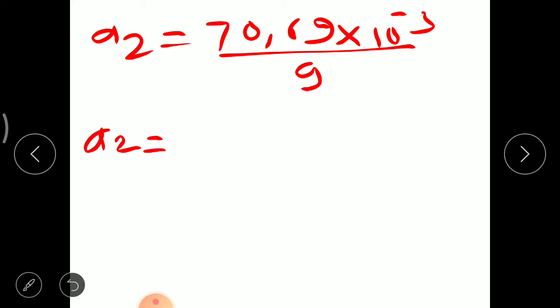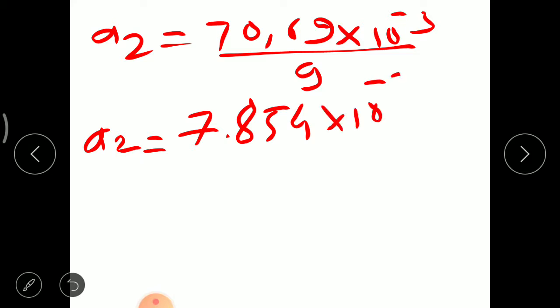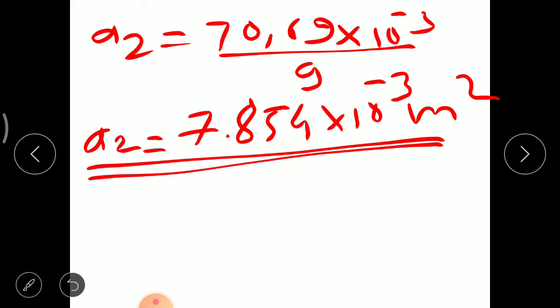A2 is equal to 7.854 multiplied by 10 raised to minus 3 meter square. Up to here we have determined the two areas of the venturi meter: one is the larger area and the other is the area of the throat. A2 is the area of the throat.